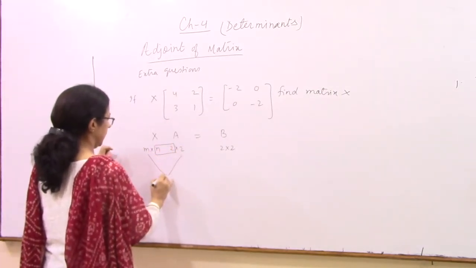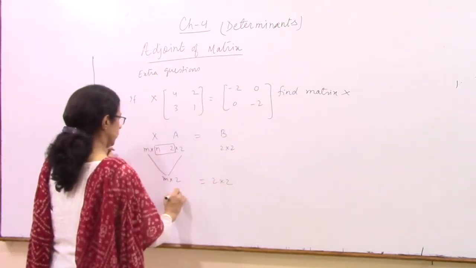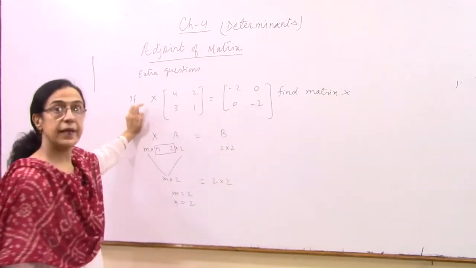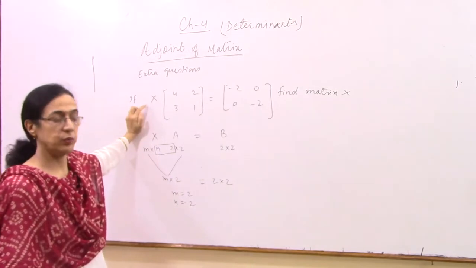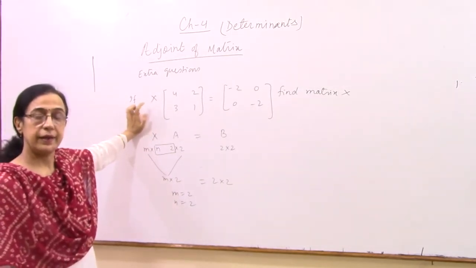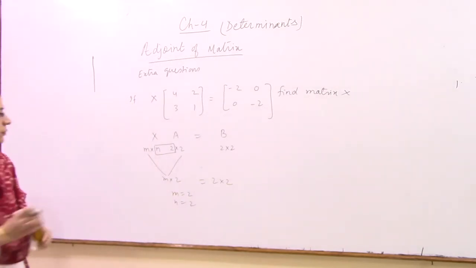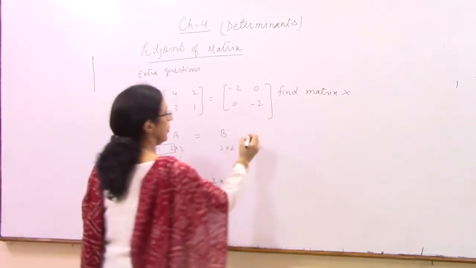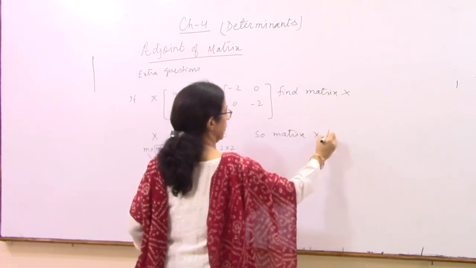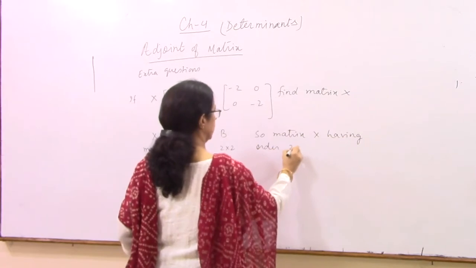Then resulting matrix having order m by 2 equal to 2 by 2. So we have m equal to 2 and n equal to 2. It means matrix X having order 2 by 2.